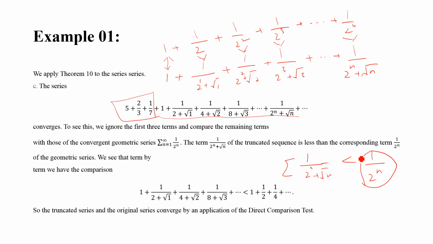So this series is convergent. Since this series is convergent, this series is also convergent using part 1 of the theorem. So this is how the direct comparison test helps us determine the convergence and divergence of a series.